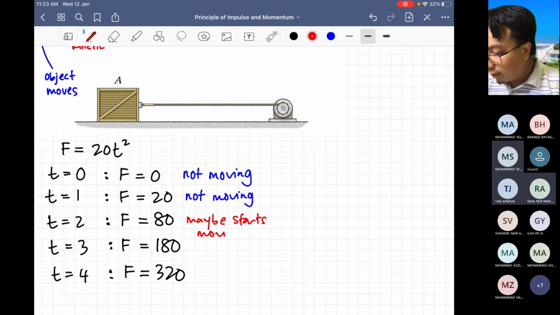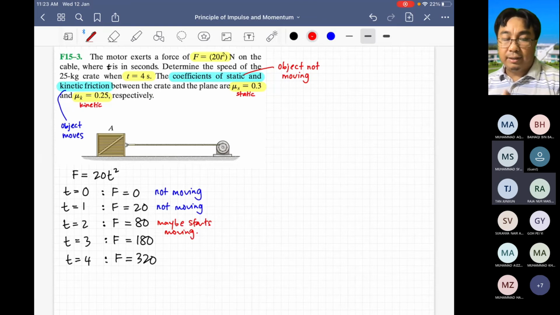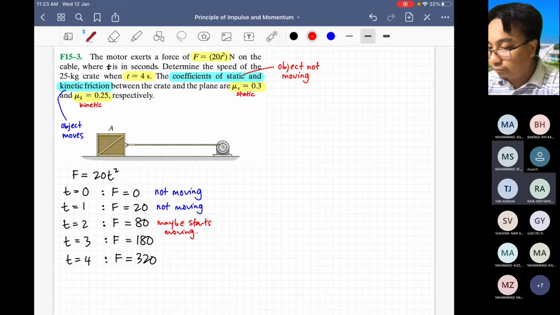So, kalau you tengok question yang macam ni, we need to find pada masa bila the object starts to move. Okay, this is the challenge lah. So how do you know masa bila the object starts to move?